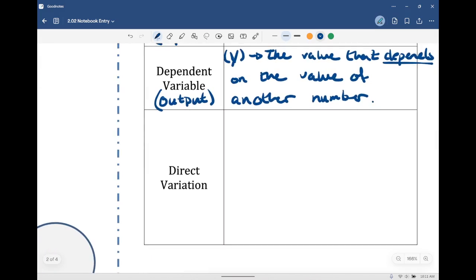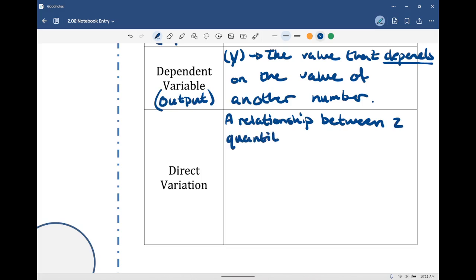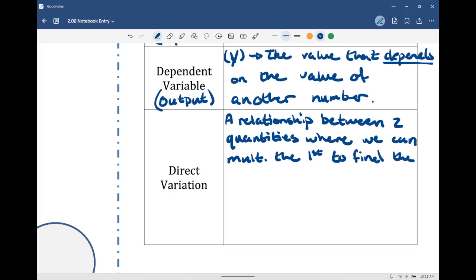So a direct variation is a relationship between two quantities where we can multiply the first to find the second.